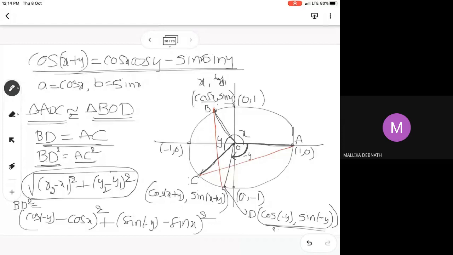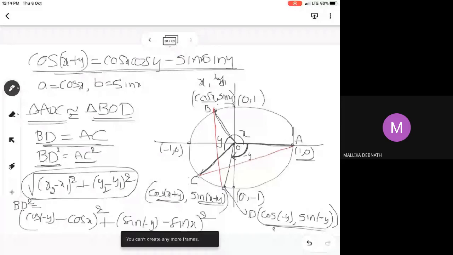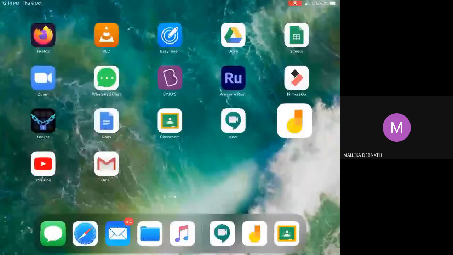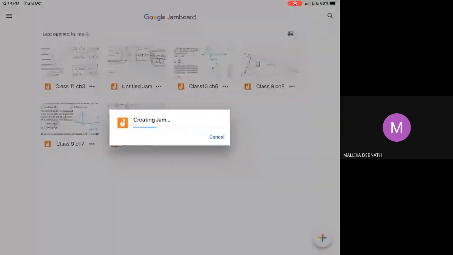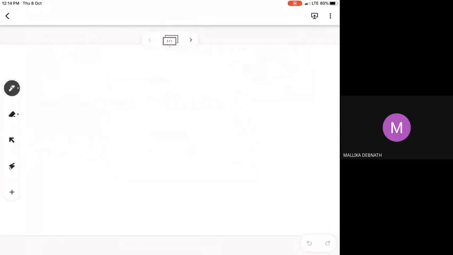The coordinates are cos x plus y, sin x plus y. And here the coordinates are 1, 0. So in the next page, I am going to write this by simplifying. I am not creating a new sheet, I am taking the same one. So here, I am going to draw again that length.